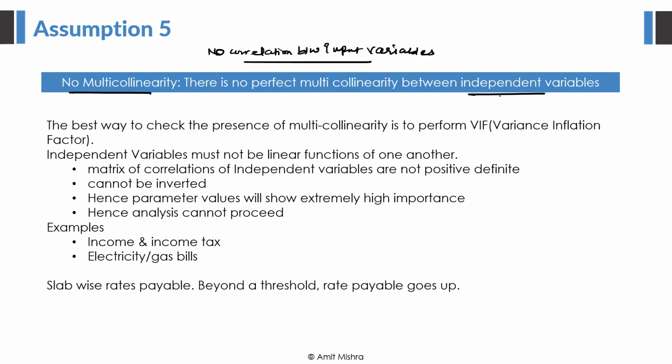This is our assumption. Now, how to find out if there is multicollinearity between the features? For that, you perform a statistical test, a statistical function called the variance inflation factor. If this variance inflation factor is high, we say that the independent variables are no more independent.